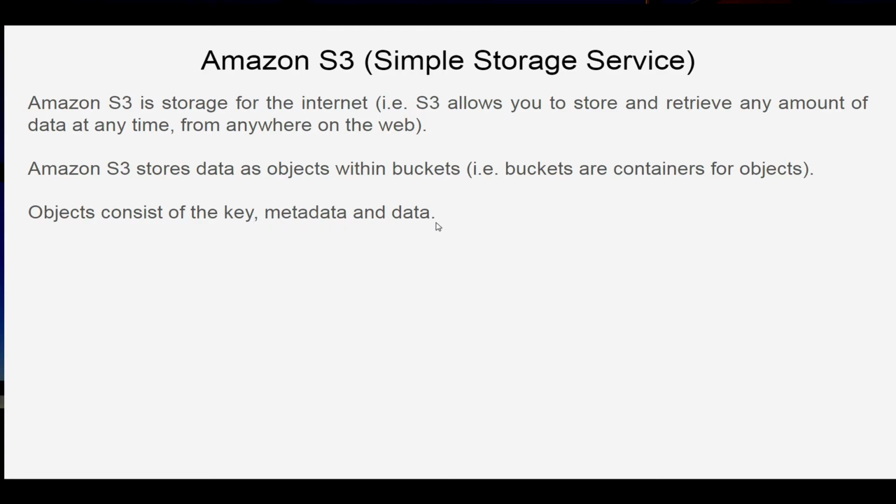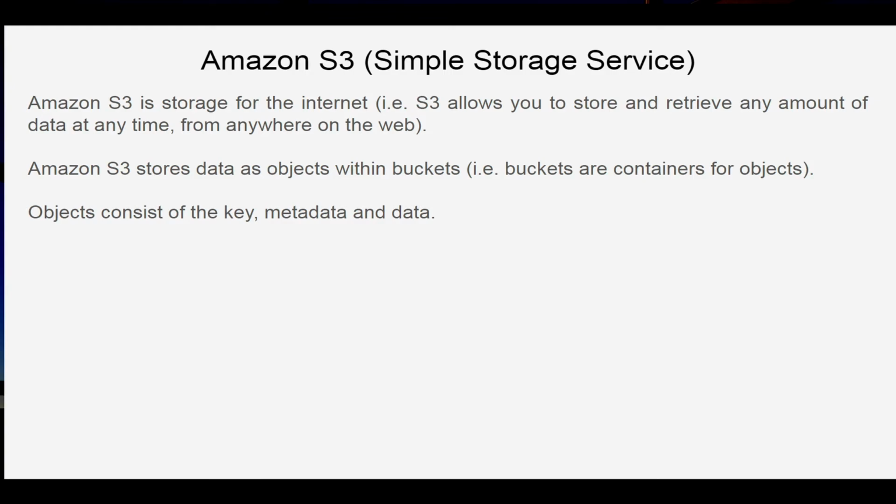Again, objects can include additional components, for instance, version ID, which is very important. Why is it important? Because sometimes you might have multiple versions of the same file. Then you can switch on version control of S3, and it can start keeping track of your files. When you upload multiple versions of the same file, it just creates a version ID.